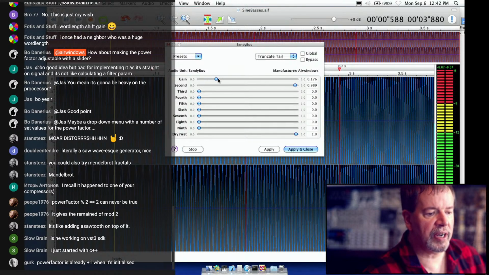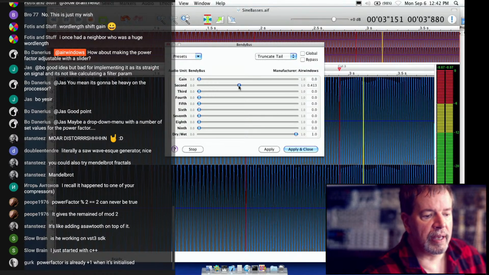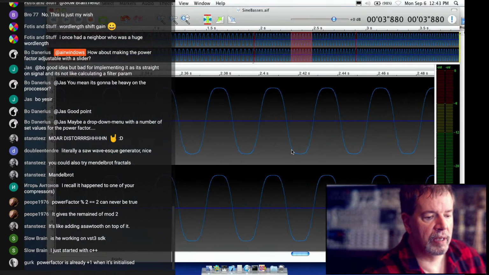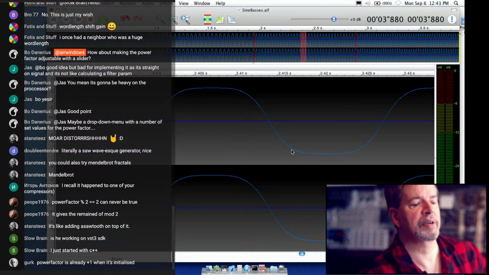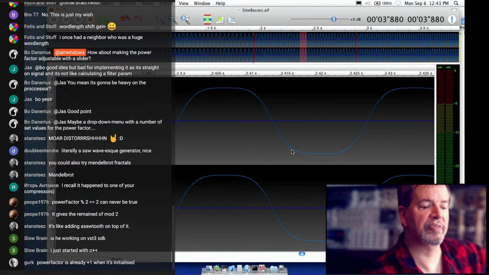So if we have a very high gain scaling here, and this no longer does anything, we're not clipping. As we dial it back, it's going to start amplifying it the smaller we get. To the point where this is now our flat-topped and softest possible wave.